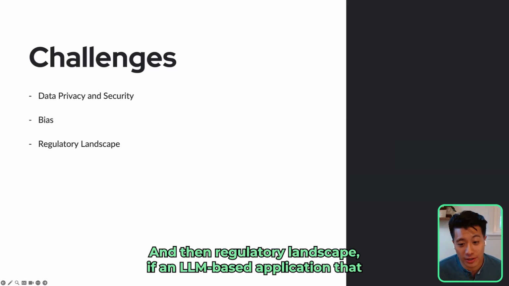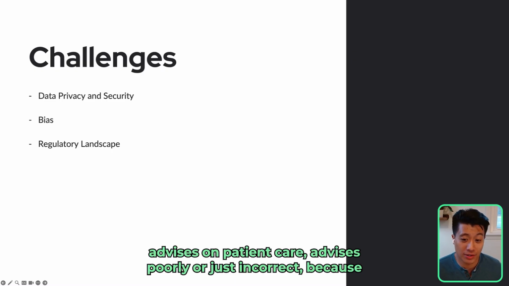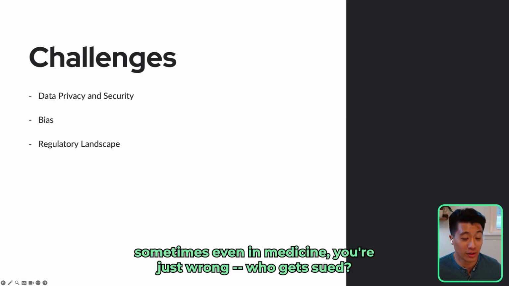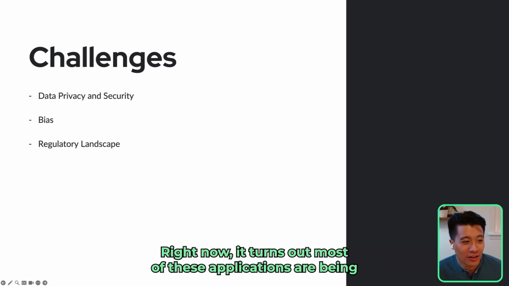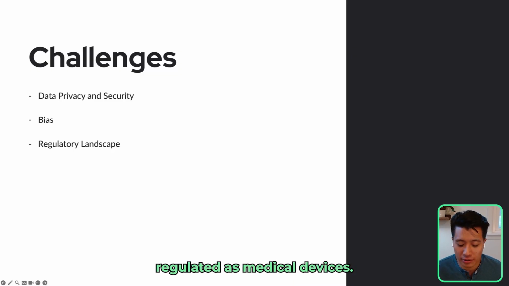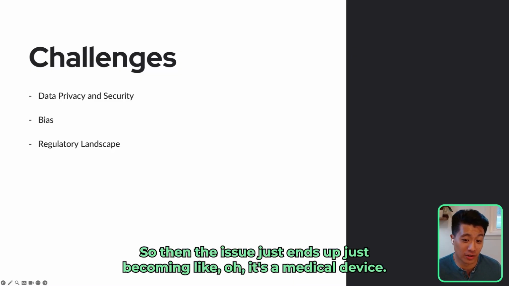And then regulatory landscape. If an LLM-based application that advises on patient care advises poorly or just incorrectly, because sometimes even in medicine, you're just wrong, who gets sued? Right now, it turns out most of these applications are being regulated as medical devices. So then the issue just becomes, oh, it's a medical device.